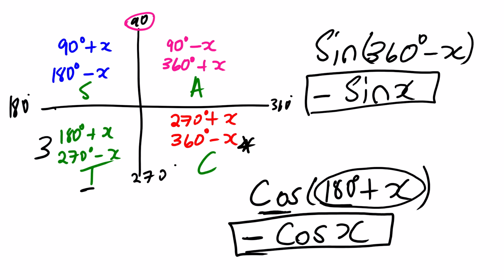Now listen, whenever we use 270 or 90 degrees, let's say one of the angles here is 270 or 90 degrees, and then we are looking at sine and cos, the function will change.